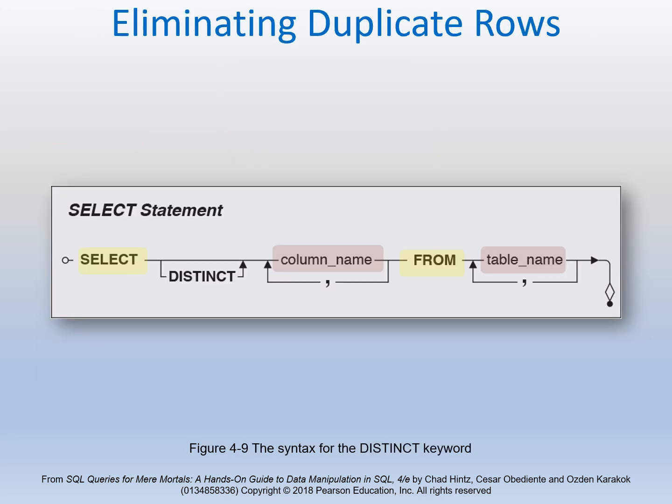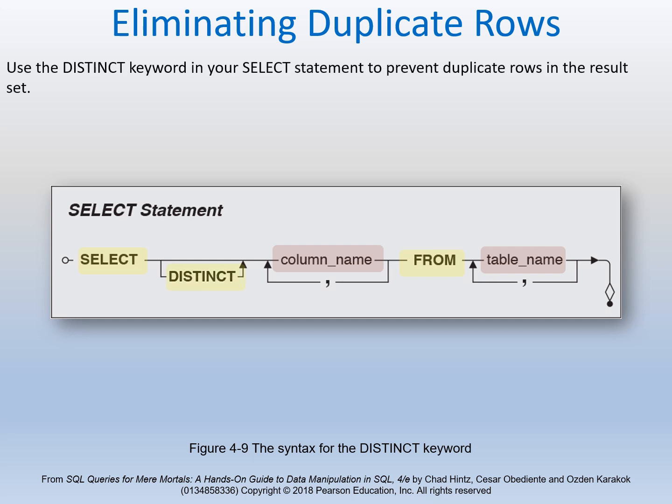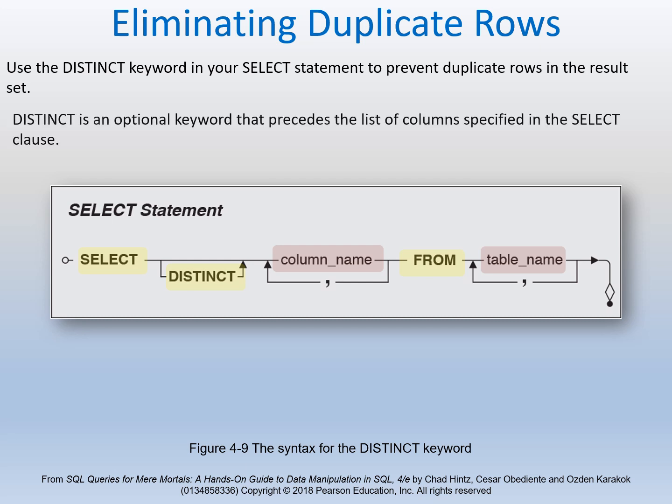What if the result set of our select statement consisted of duplicate rows? We could eliminate the duplicate rows by using the distinct keyword in our select statement placed before the column names of our select statement.